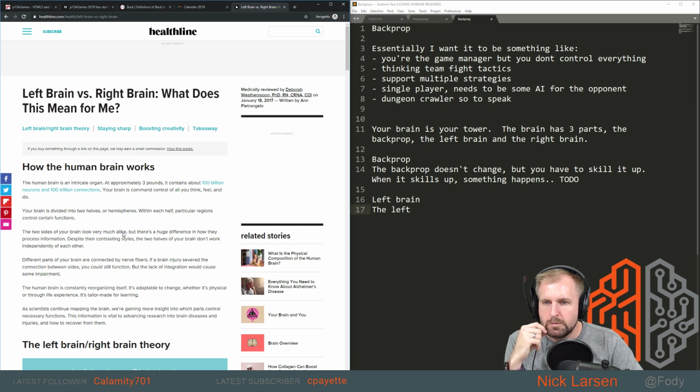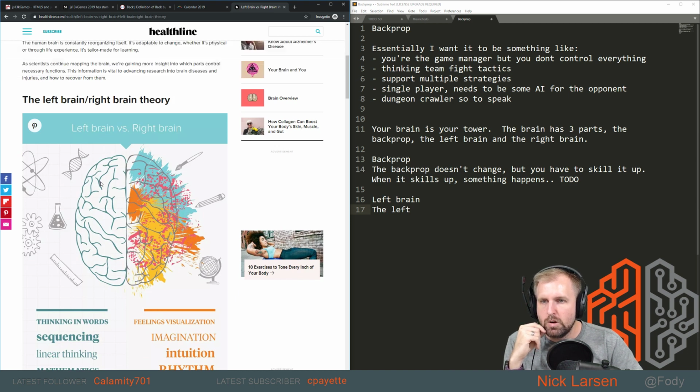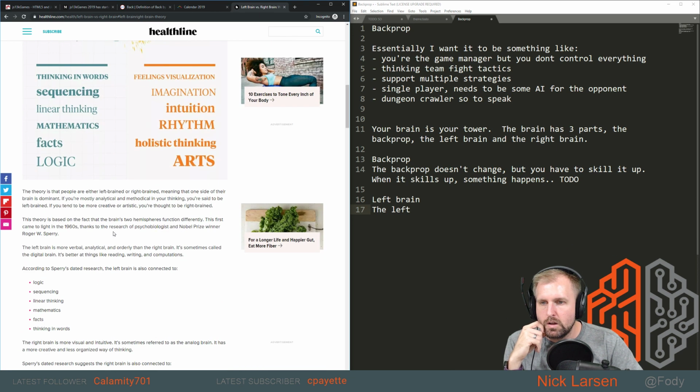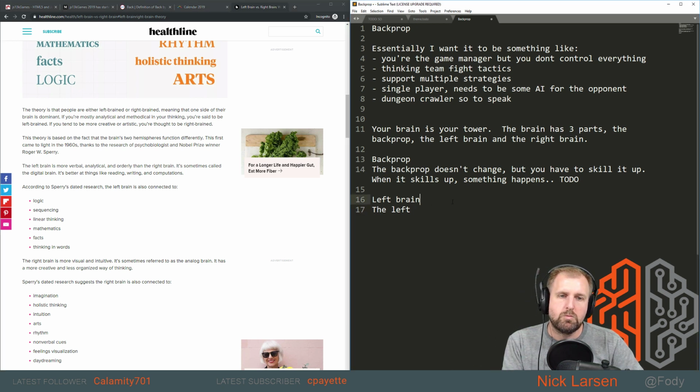Two halves, or hemispheres, each of which is different. Oh, these are great right here. All right, the left brain is the analytical side.